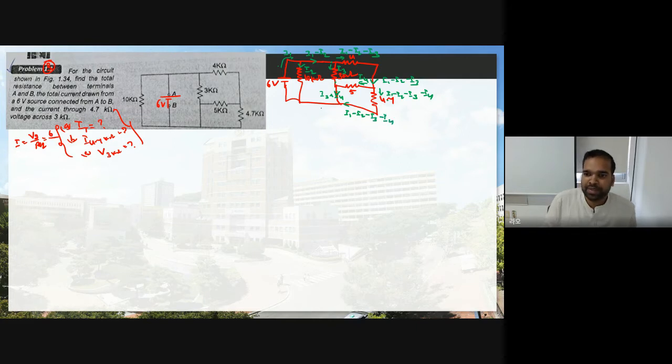Yes or no? Yes. Now these two currents will get combined here at this node. And what is the resultant current? You need to add this equation and this one. Therefore, if you add this one, I1 minus I2 minus I3 minus I4, plus you need to add this I3 plus I4.